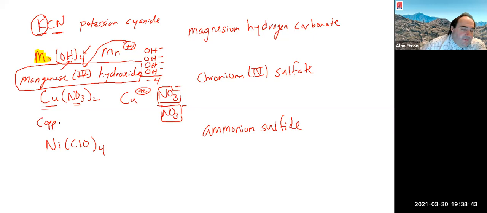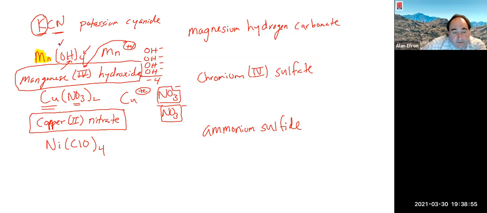That would then be copper Roman numeral 2 nitrate. Even though there are 2 of them, and we see the parentheses on each of these like we talked about since there's more than one polyatomic ion, that has no effect on the name. Any questions on that one?